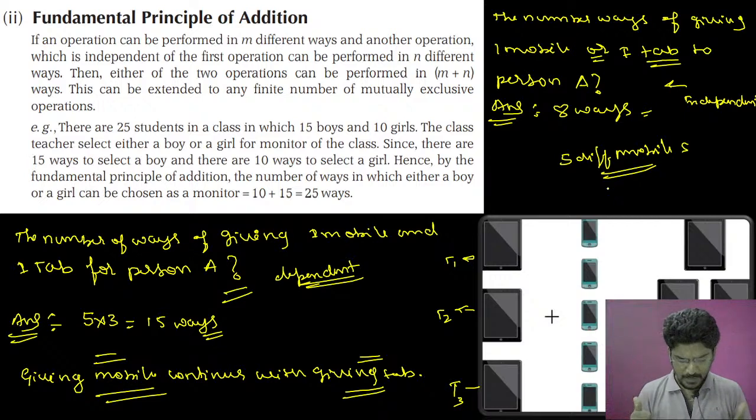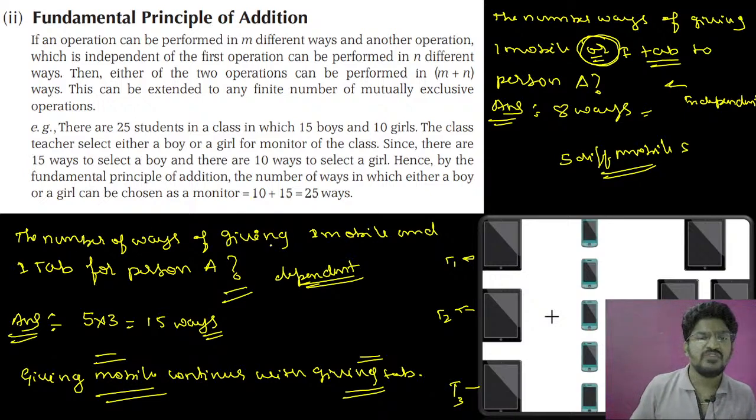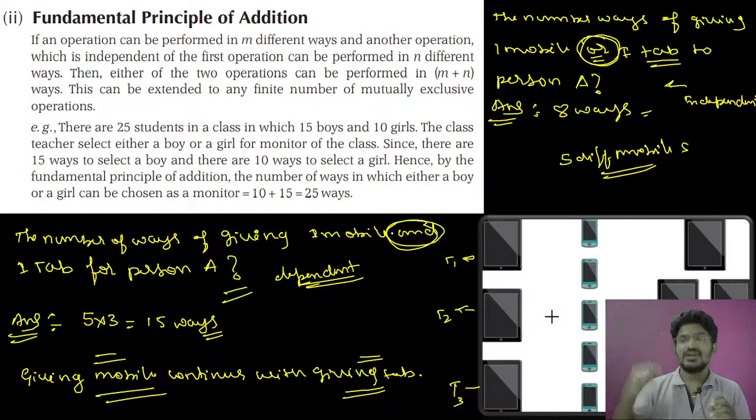Yes, if it is independent, we should use addition. If it is dependent, we should use multiplication. If it is union of two sets, we take addition. If it is intersection of two sets, we take multiplication.